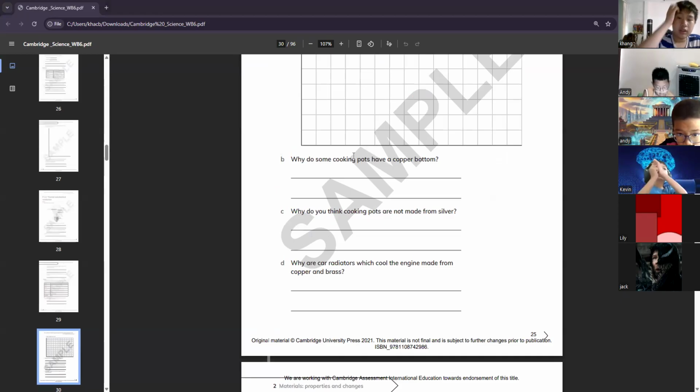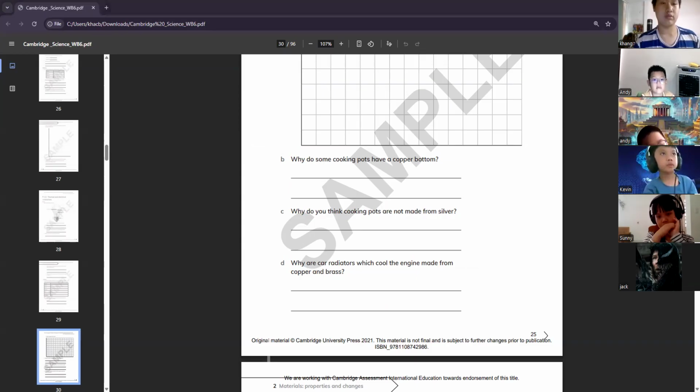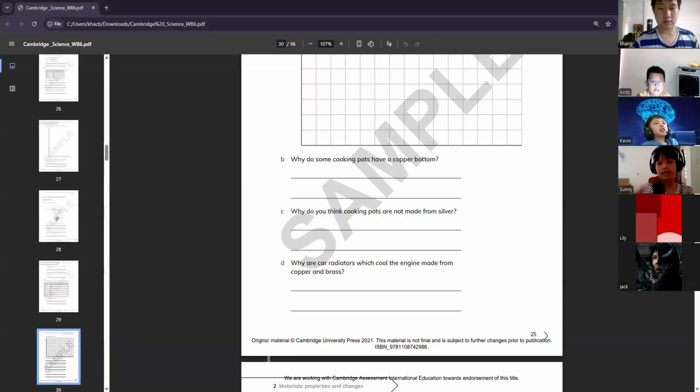Anyways, can anybody tell me why some cooking pots have a copper bottom? Why not something else? Why copper? Copper conducts heat faster and better.